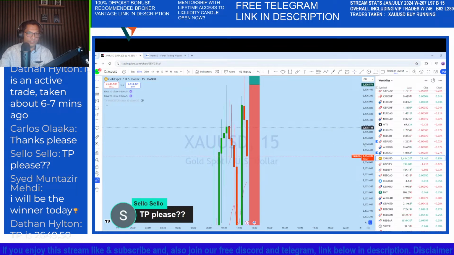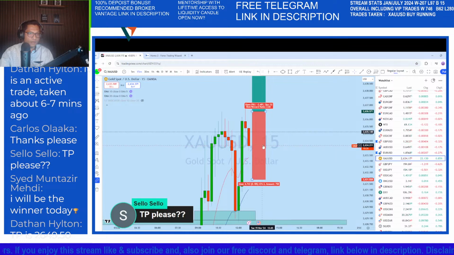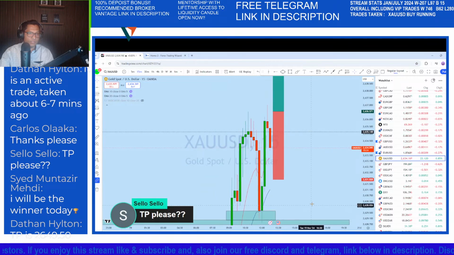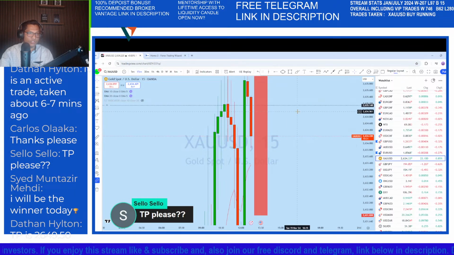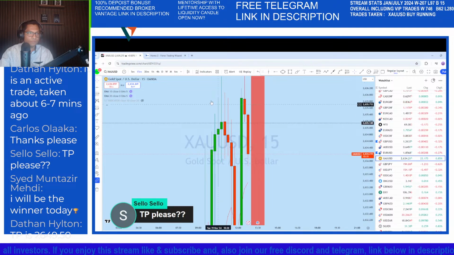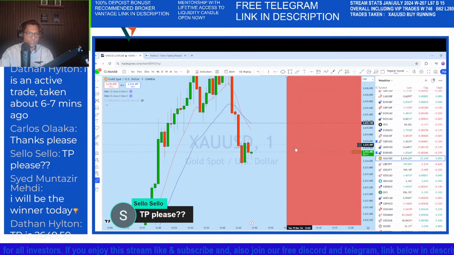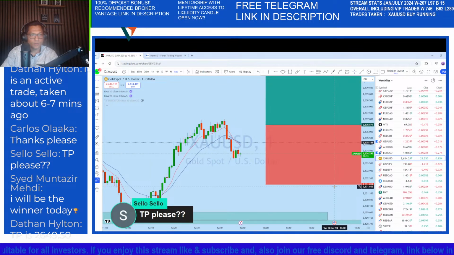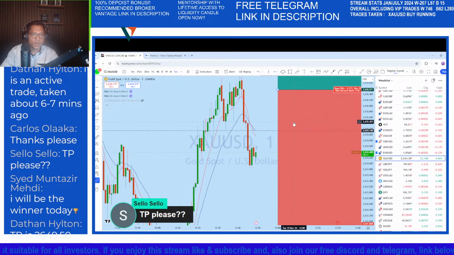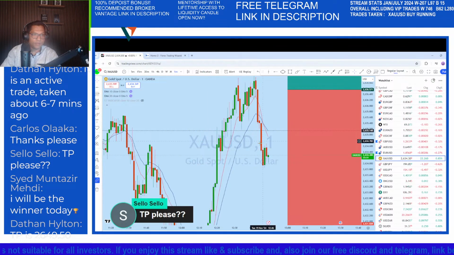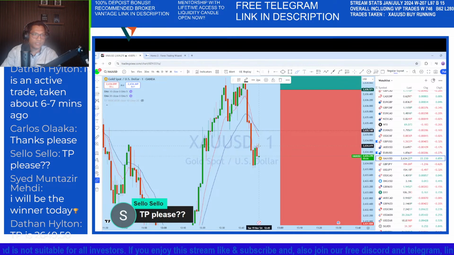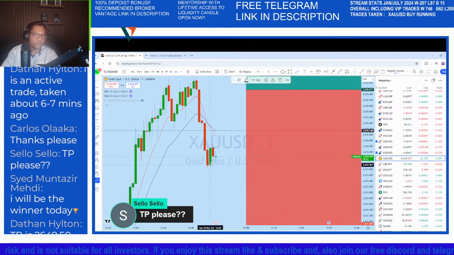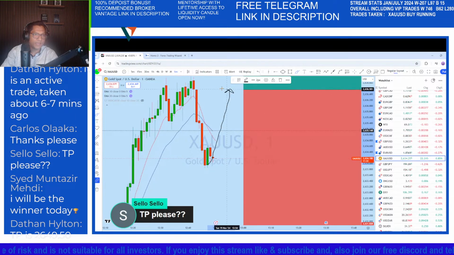Okay, so here is what you can see. There is a break of structure, which I was expecting it to remain bullish, but let's see. Here we can see that there is a consolidation pattern, and with that consolidation, if it is a reversal, then we might see that moving back in that direction.